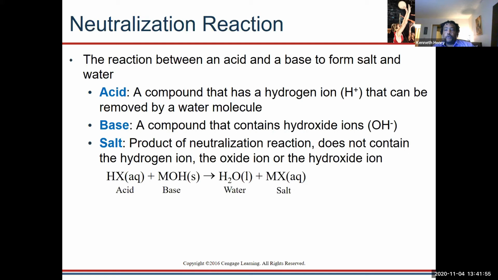Okay. So, when we get an acid and base together, we're always going to end up with water as one of our products and what we call a salt. So let me give you an example.